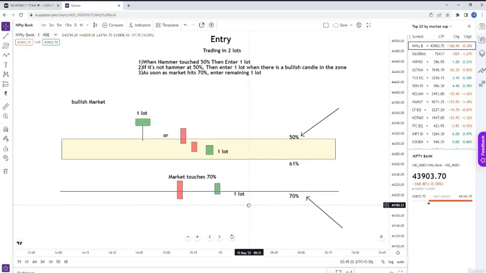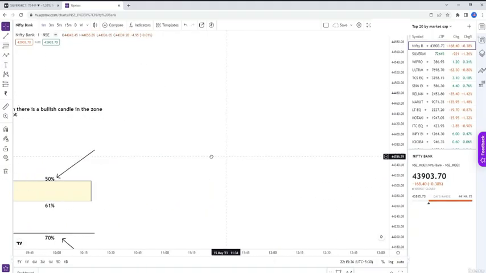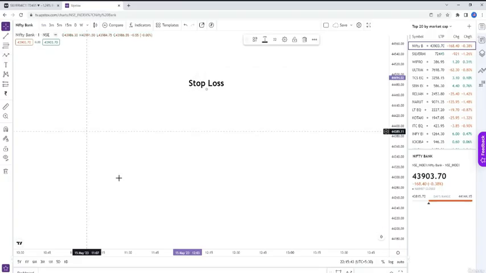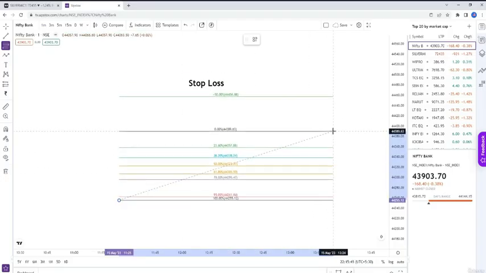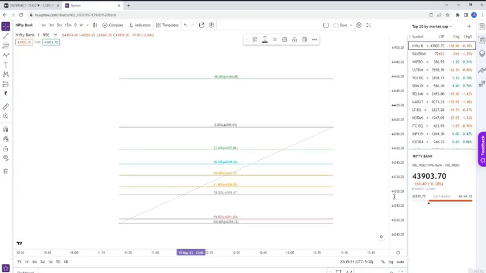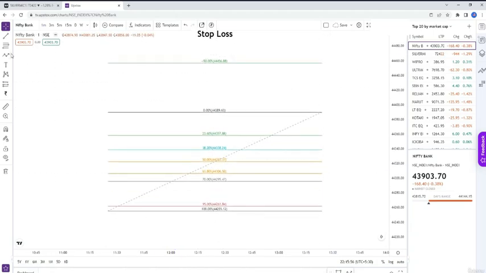Where is my stop loss? I hope the entry is clear. Now the stop loss. So this is a Fibonacci. I hope at this point you are clear. This is my golden zone.